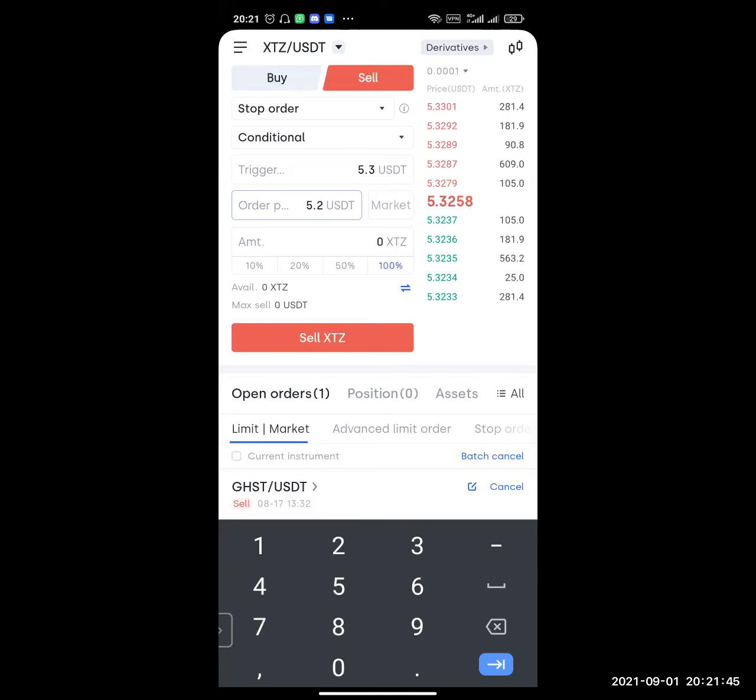And then you put your amount. Of course, you want to take profit on everything. Then you click sell. This way, you are sure that if the market starts going down instead of going up, you will not lose your profit. Does that make sense?